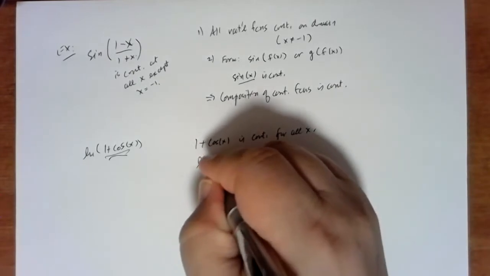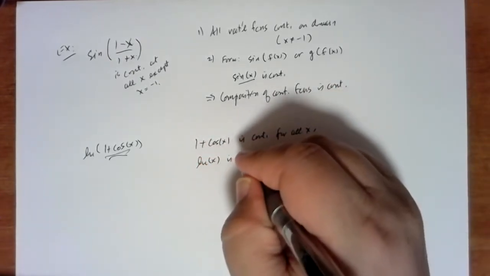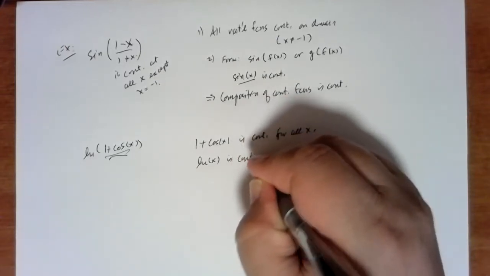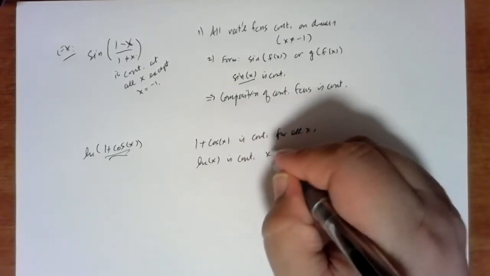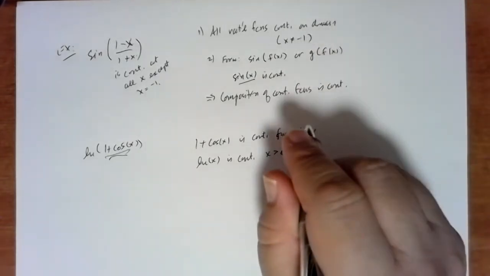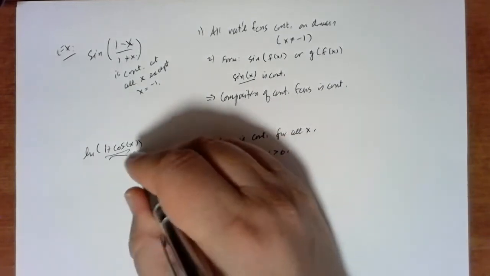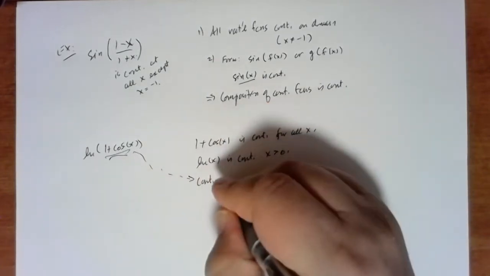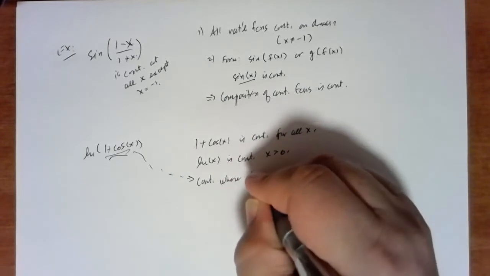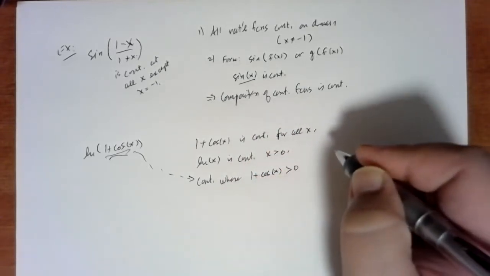What about the natural log of x? Natural log of x is continuous for x greater than 0, right? So here I do have to be a little bit careful. This is going to be continuous overall where 1 plus cosine of x is greater than 0.